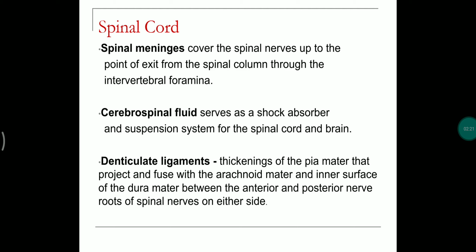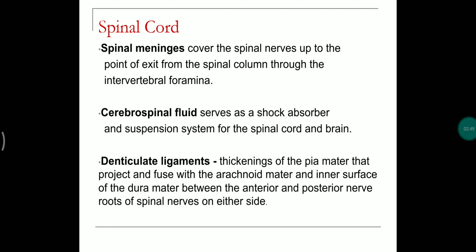But the cerebrospinal fluid in the spinal cord flows through the central canal, in the center of the spinal cord, whereas in the brain it flows through the space between the dura and arachnoid membrane, and the arachnoid membrane and pia mater.